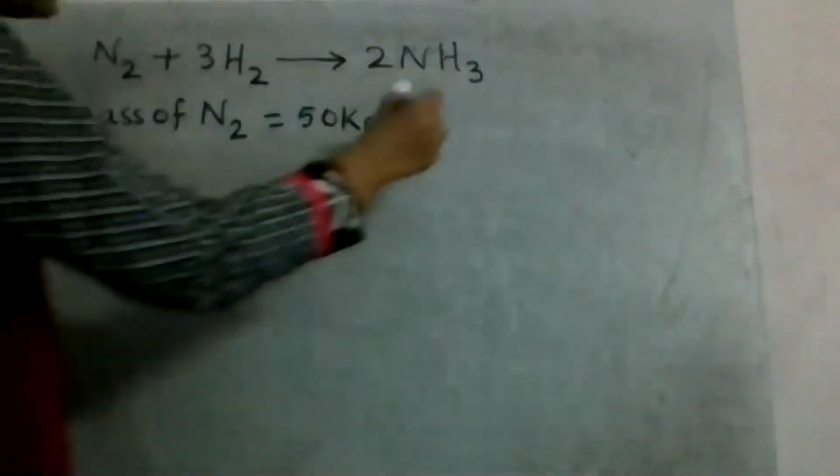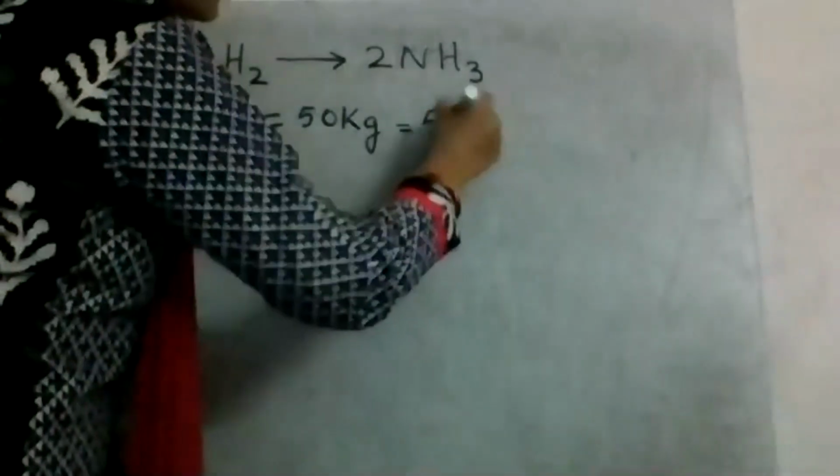Now, what is the mass of nitrogen given in the question? It is 50 kg. Convert this to grams and it is 50,000 grams.